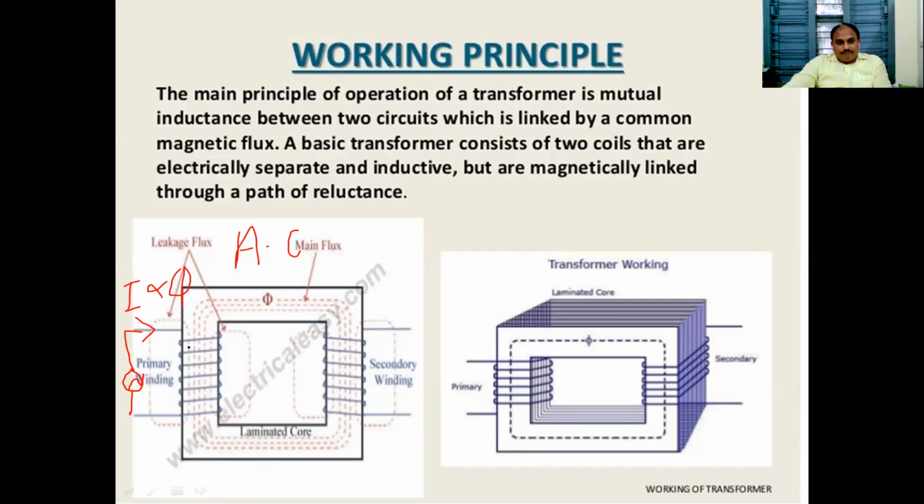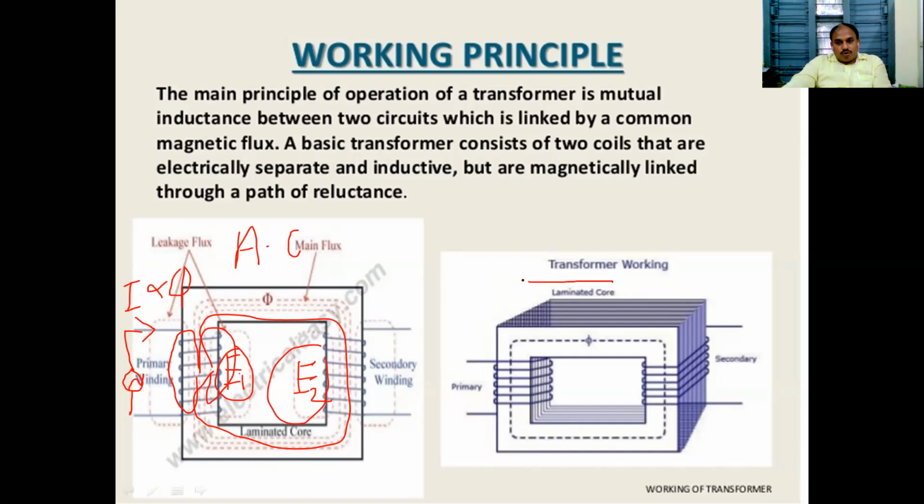The flux produced by the primary coil links the same coil, and EMF will be induced in the primary. The flux also links the secondary coil, and EMF will be induced in the secondary. E1 is called the self-induced EMF, E2 is called the mutually induced EMF.